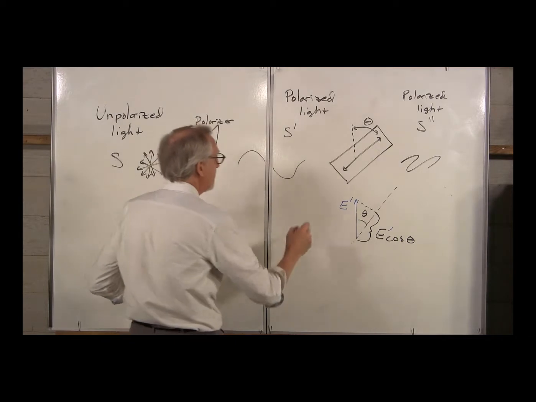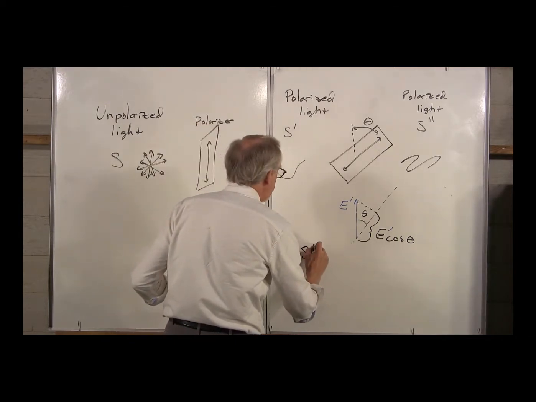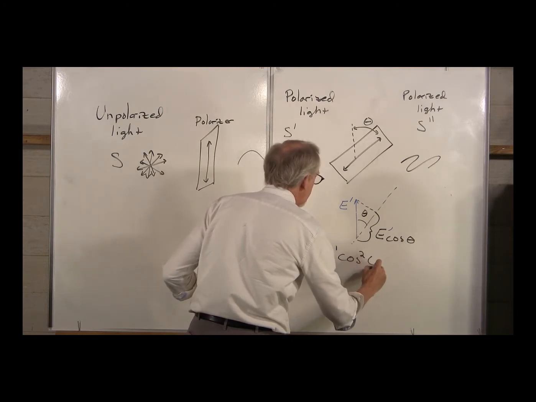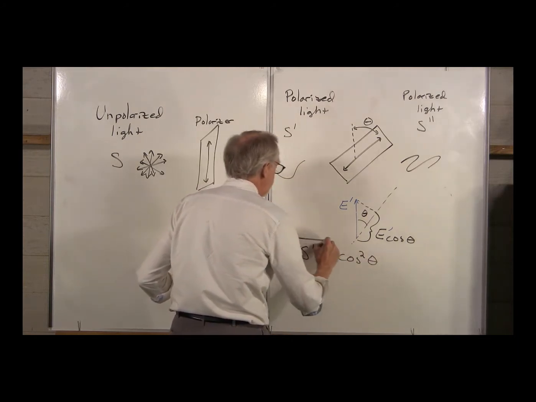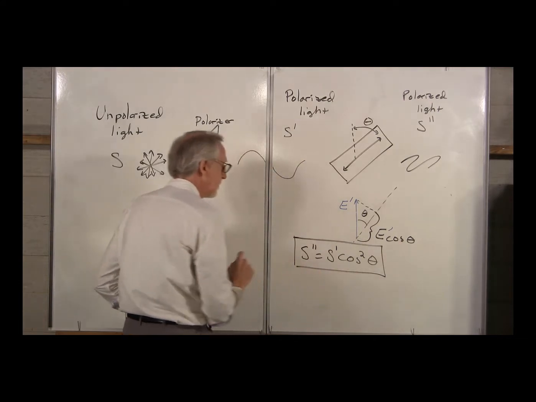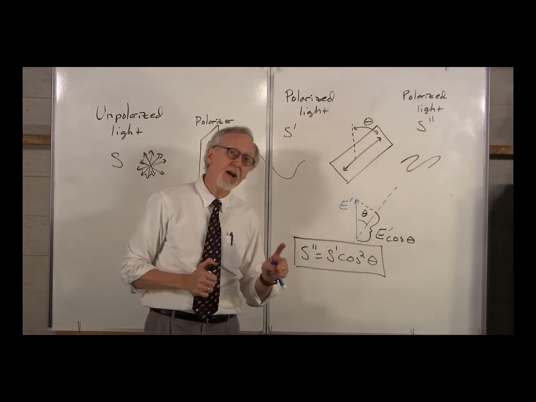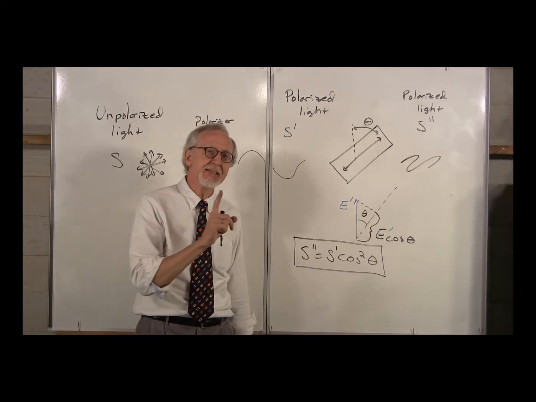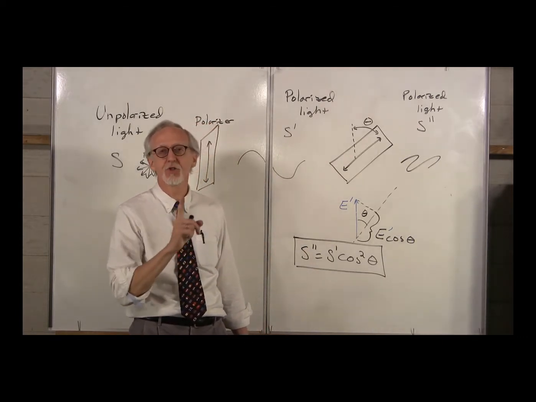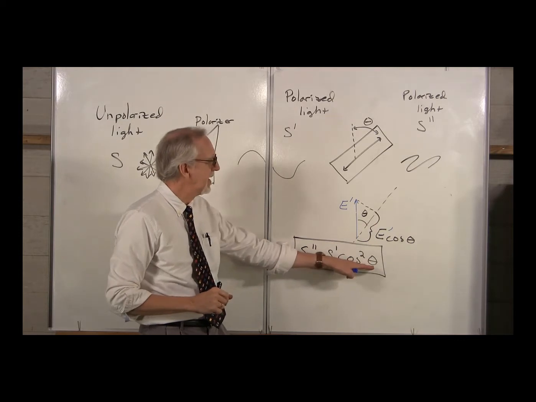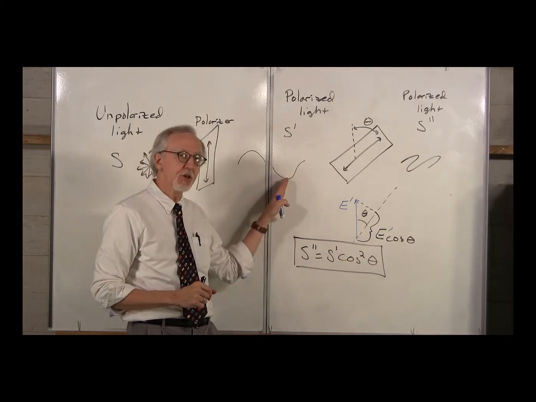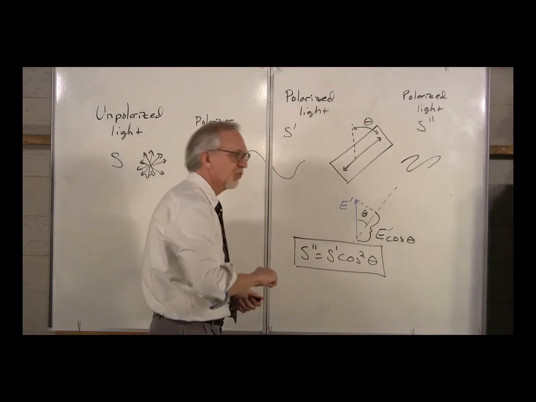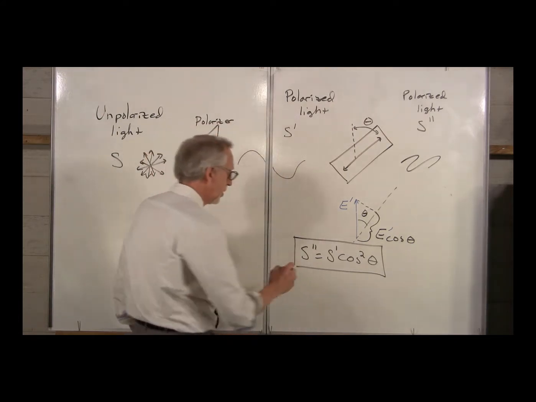What we have is then that S double prime will equal S prime times cos squared of theta. When polarized light passes through a second polarizer, the intensity is cut down by a factor of cos squared theta, where theta is the angle between the original polarization and the new polarizer. This result is called Malus's law.